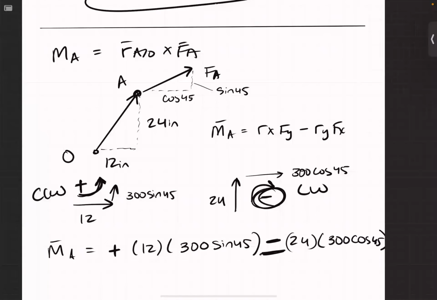This negative is different and has different origins than a negative cosine 45. When you have a negative negative, you could distribute out that unit vector negative to make a positive right away, but that does make it a little difficult to check your work.